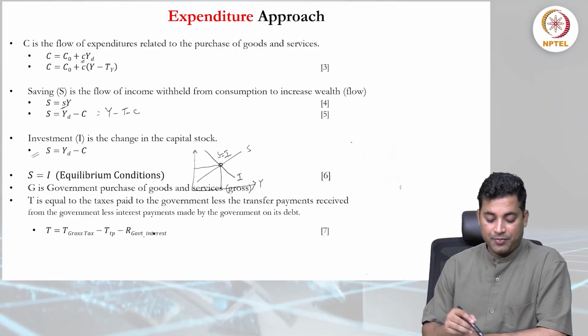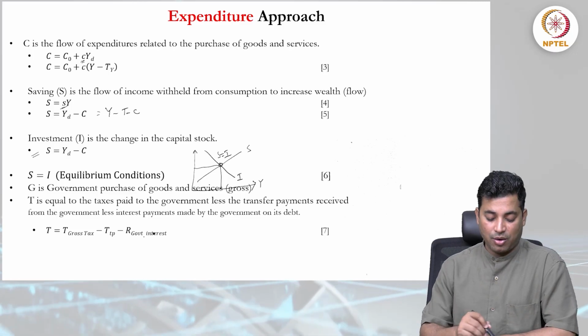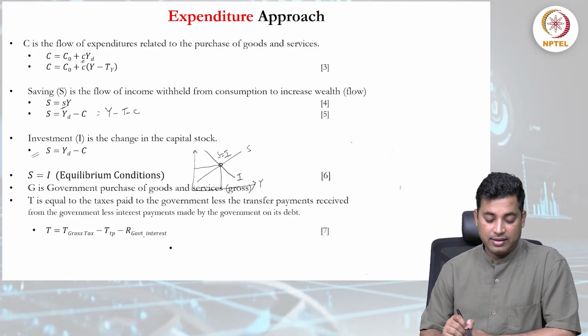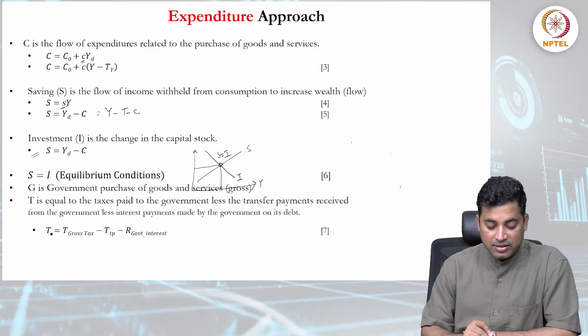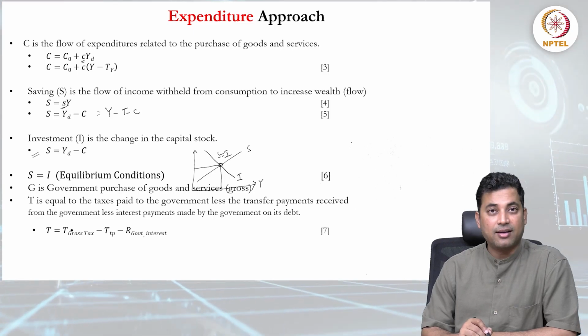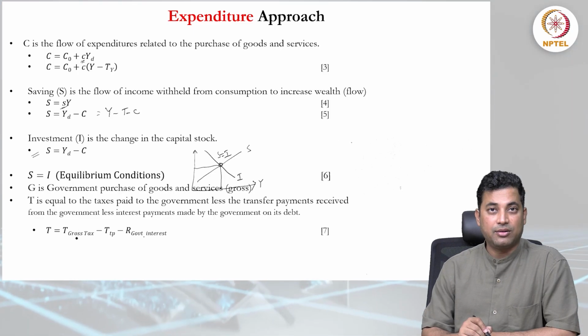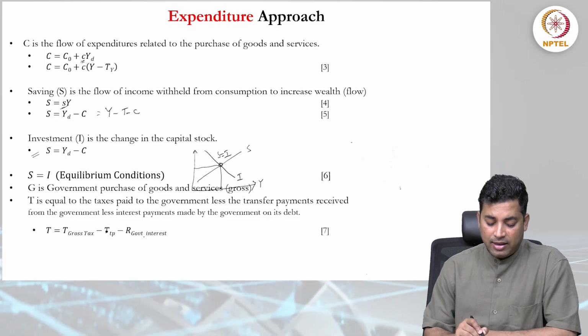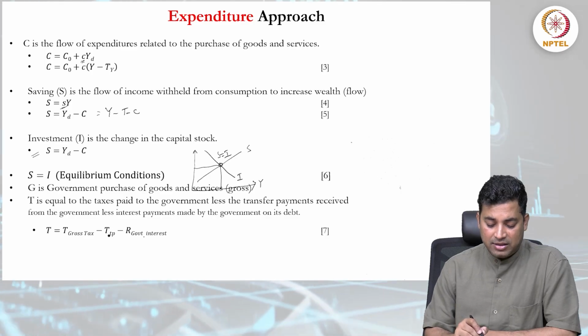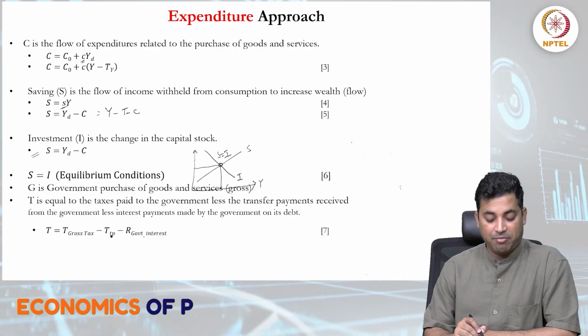So the taxes that we are talking about, we will discuss in detail. Capital T is the total gross tax, the total revenue collected through taxes. And small tp is the transfer payment.